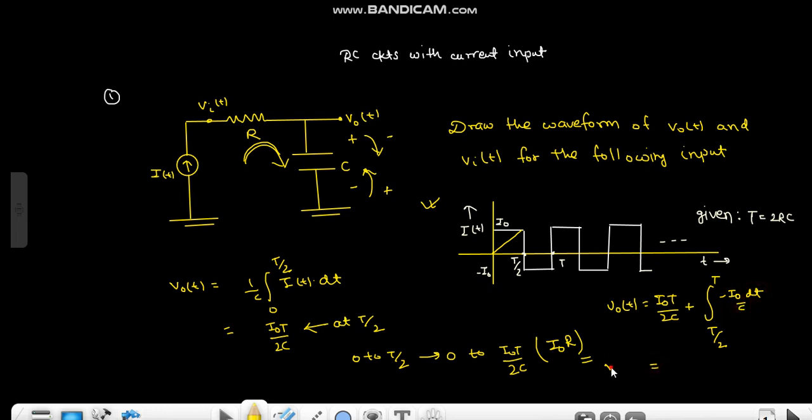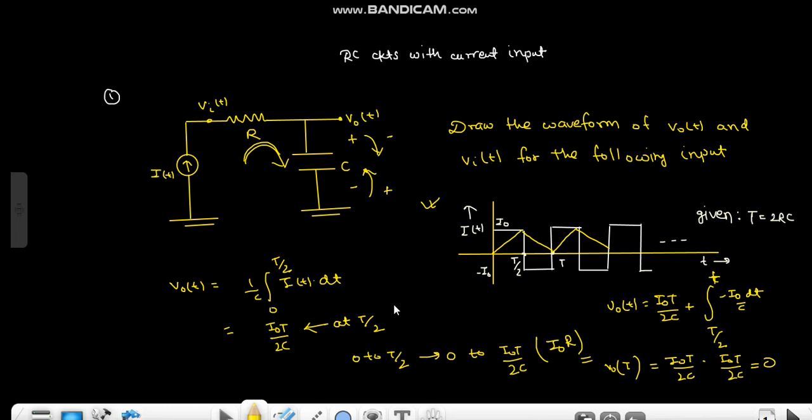So what would be the voltage at time T? I should put T here, minus from T by 2 to T. At time T we are checking, so it would be 0. So first it is charging and then 0, then again charge, then again 0. So this is how V0(t) would look like.